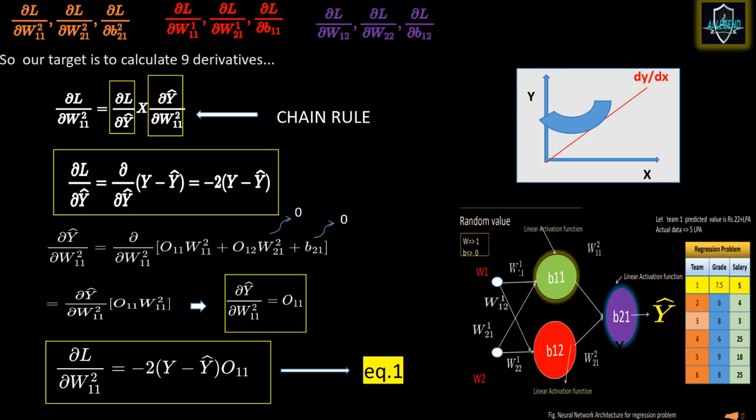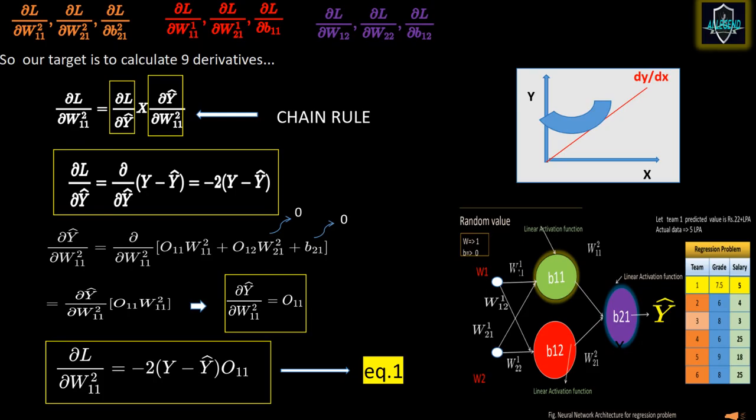Now here, del L over del W211. Just listen carefully: what does del L over del W211 mean? If we make a little change in W211, then what change arises in L? I guess you have understood that.